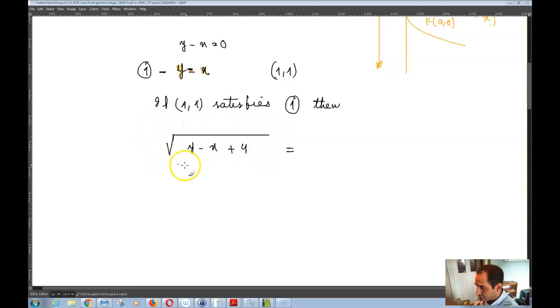What this expression means is that you have the square root of y minus x plus 4.